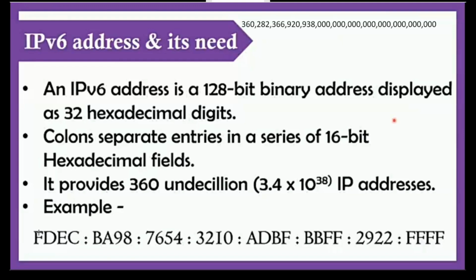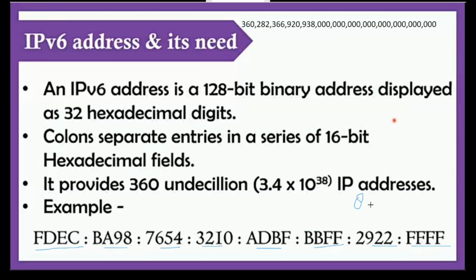And here, if you see, that is the address of IP version 6. In this address we have a total of 1, 2, 3, 4, 5, 6, 7, 8 fields. Right? That we need to understand.